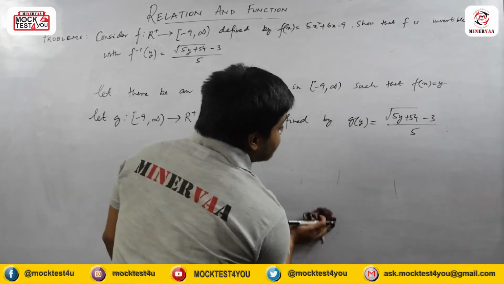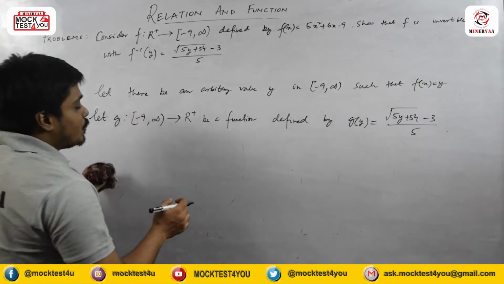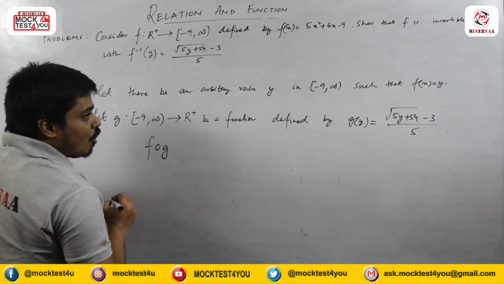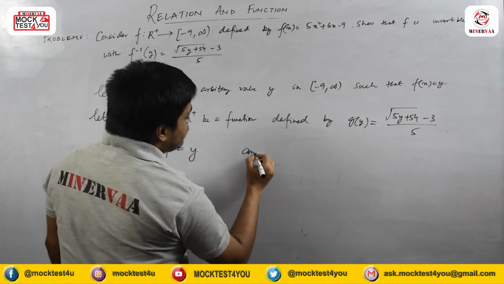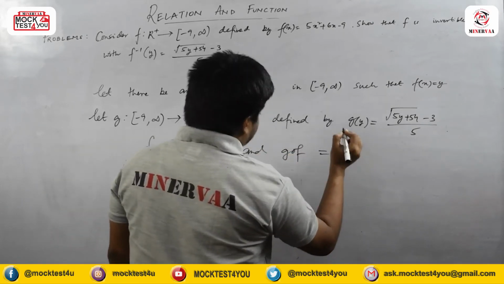Now in order to prove that a function is invertible, what we need to prove is that f of g must be equal to y, and g of f must be equal to x.